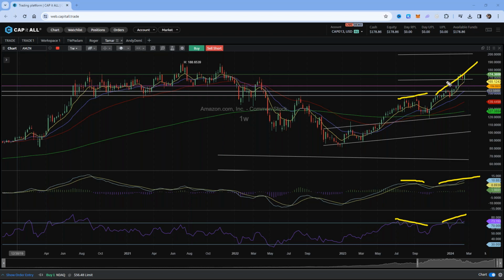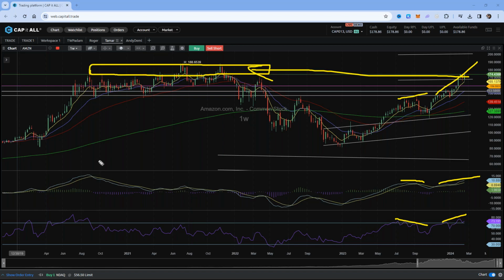Now, in terms of indicators, yes, we are overbought, but it could go higher. However, when we look at price action, I would be a little bit concerned about all of this. This here is a big block of resistance. Okay, it's a big ceiling.